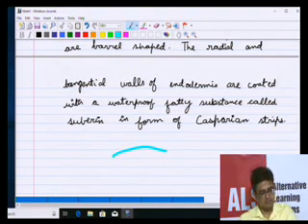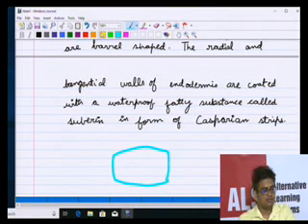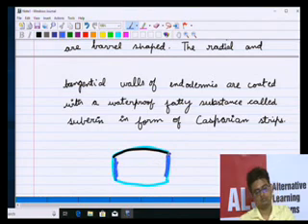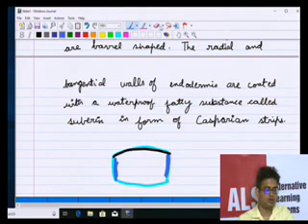Suppose this is an endodermis cell, then this is the radial wall, this is the tangential wall, this is the circular part, this is the tangential wall, and this part is the radial wall. So both radial and tangential walls are coated with a waterproof fatty substance called suberin. Only this part, the light blue part, is not coated. So that is how it happens.